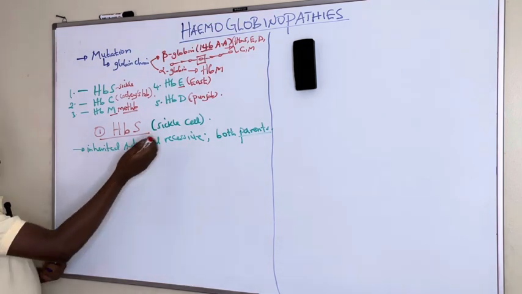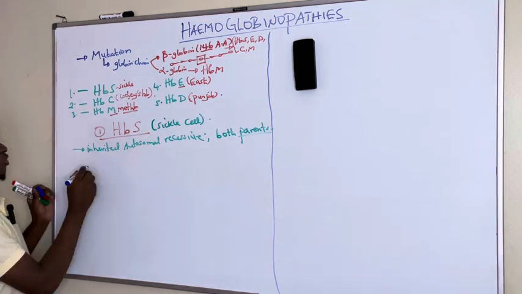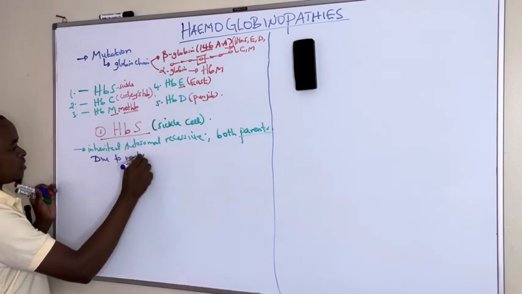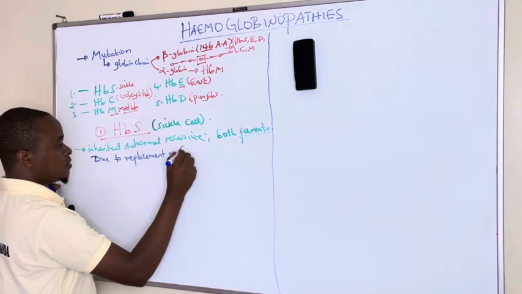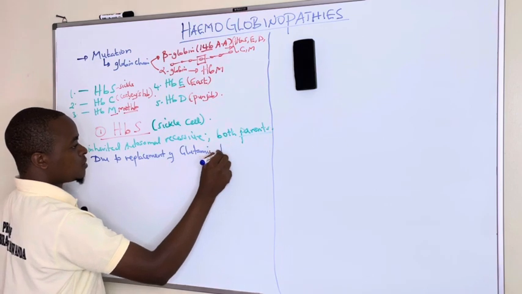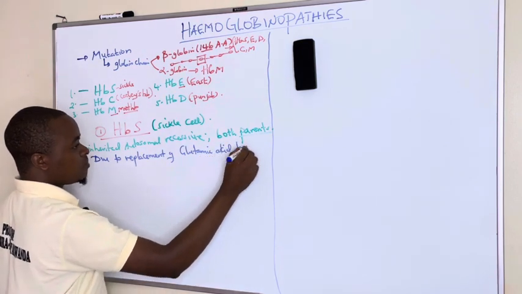And this sickle cell comes about due to replacement of glutamic acid, or glutamate, by valine.